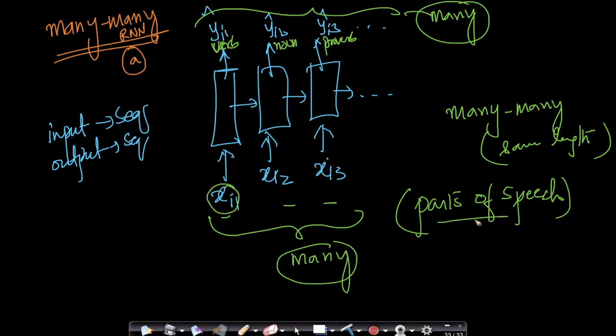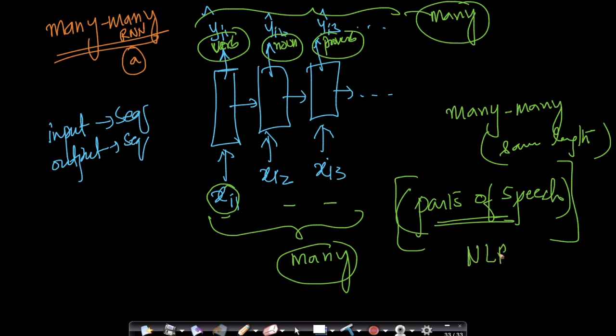This is called parts of speech detection. You're given an English sentence and you're expected to find whether a word is a verb or a noun or a pronoun or an adverb or an adjective, etc. Detecting parts of speech for a given sentence is a very important task in natural language processing. So this type of architecture, a many-to-many RNN where the input and the output are of the same length, is often used in NLP tasks.